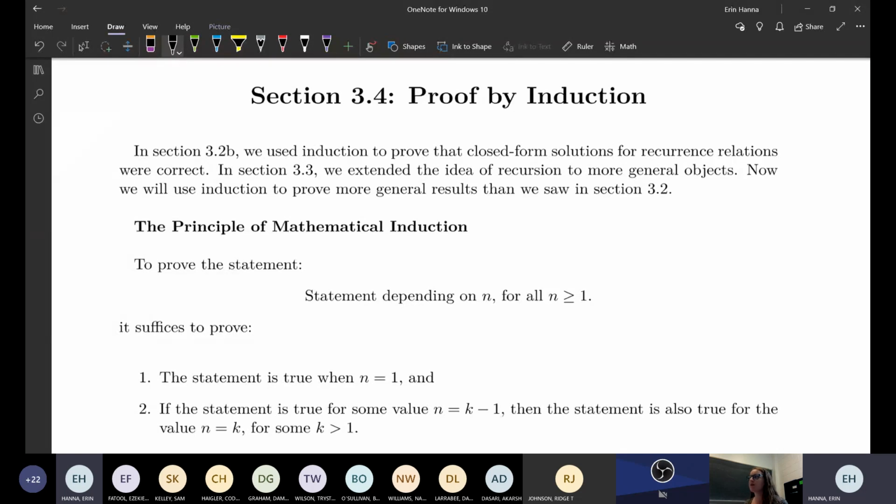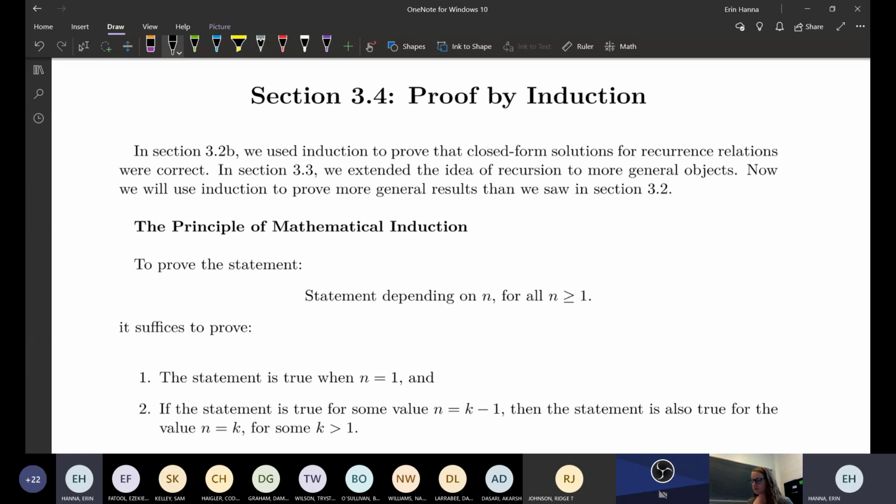So now we're going to take induction and prove more general things with it. We're not just going to use it on these closed form things. We're going to be able to use it to prove, well, not anything. There are a lot more general things where we have this idea of getting from one step to another in a certain way, and we're going to be able to prove that those things work via induction.